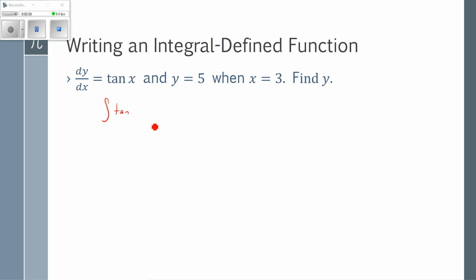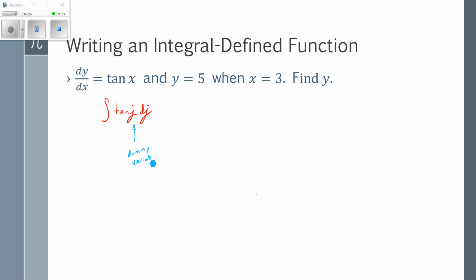Now, instead of saying the tangent of x, I need what's called a dummy variable. You'll see that I tend to use t, but there's no reason. I just need a variable I have not used already. So I can't use x, I can't use y. Oh, let's use j. And so in this case, j is a dummy variable.